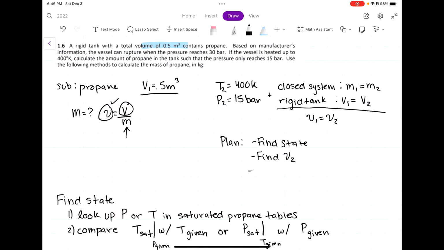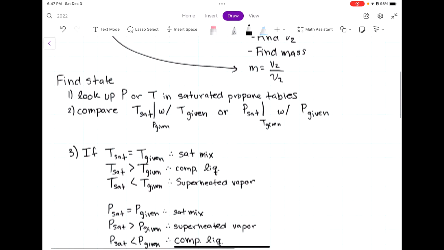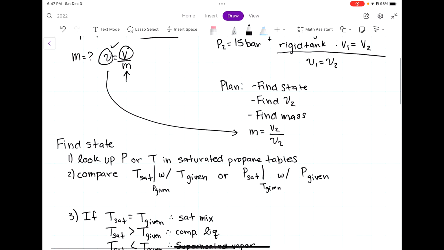And so we found specific volume, and then we're going to find mass, and we can do that because from this equation, mass is equal to the volume divided by the specific volume. So great, let's start and find our specific volume in order to answer this question. So the first part of the plan is to find the state.